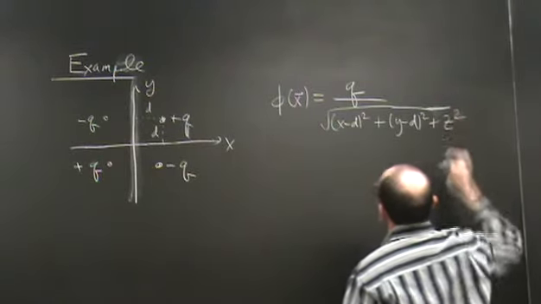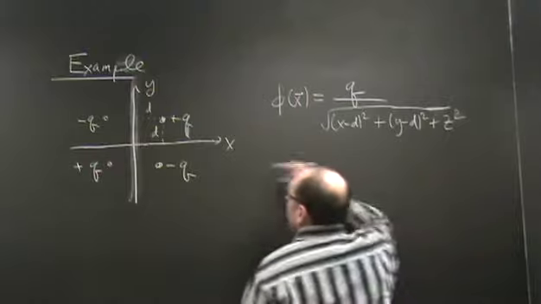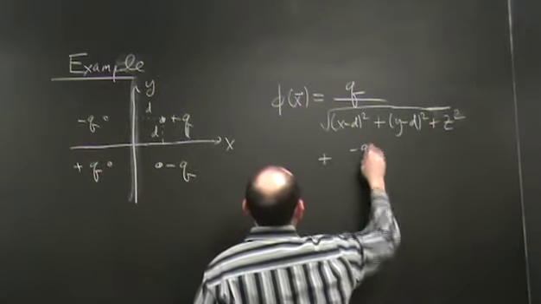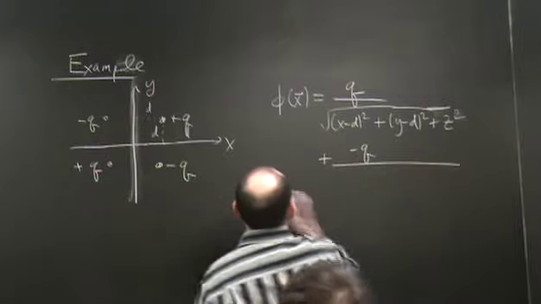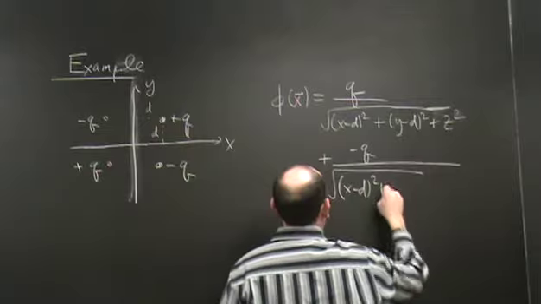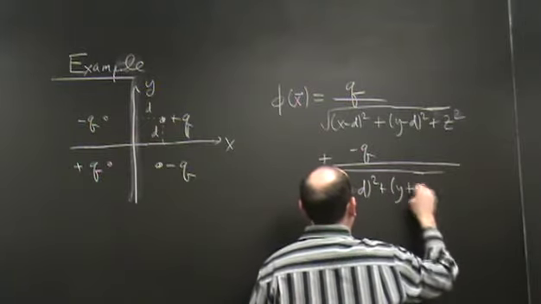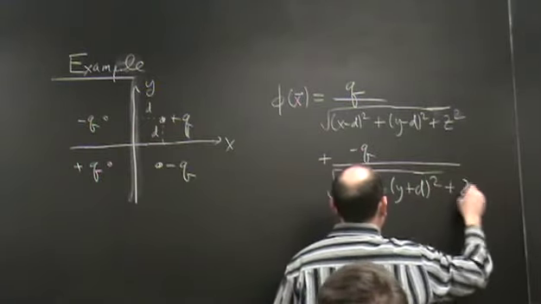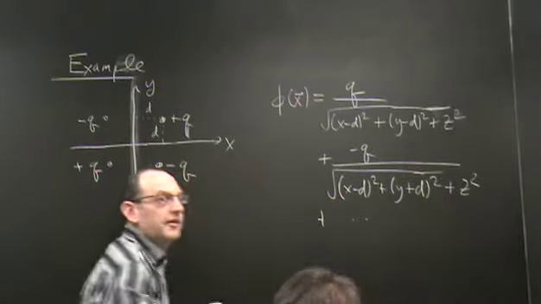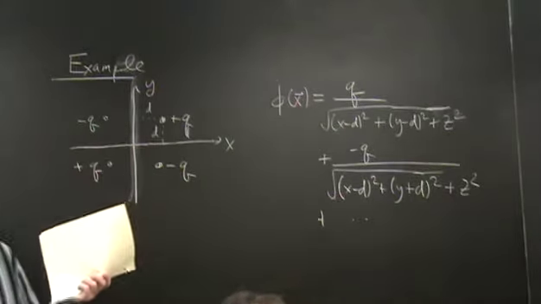It's in the z equals 0 plane. And then I have this charge, which is minus q, and then I have x minus d squared plus y plus d squared plus z squared, and then the other two terms. So this is just writing down the exact potential.